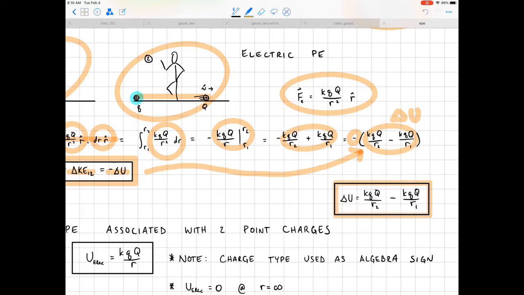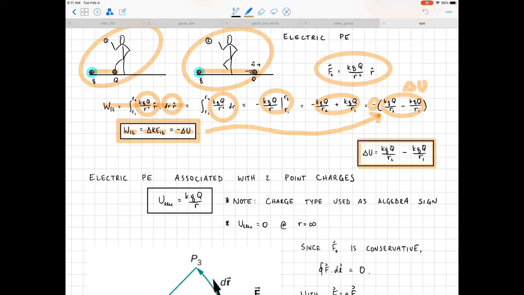And so that allows us to identify or define the potential energy associated with electric charges. And so here is our potential energy expression.